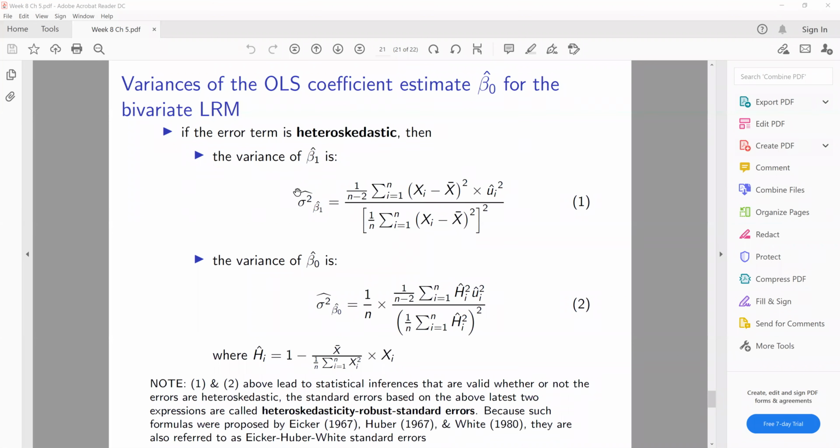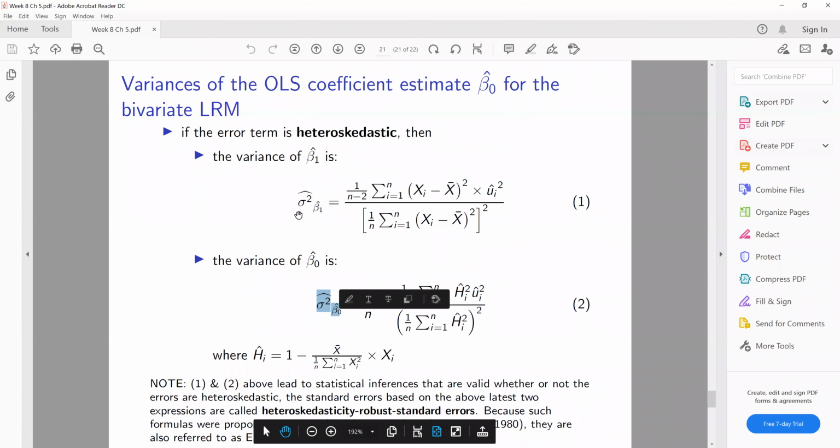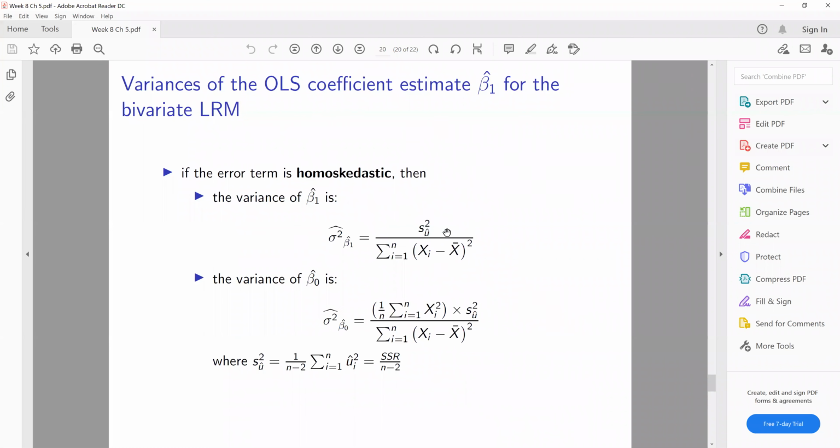So what are these called? You see them, right? Those variances that are calculated by these expressions are called heteroskedasticity robust standard errors, because you are not calculating them this way, because then you would make a mistake.